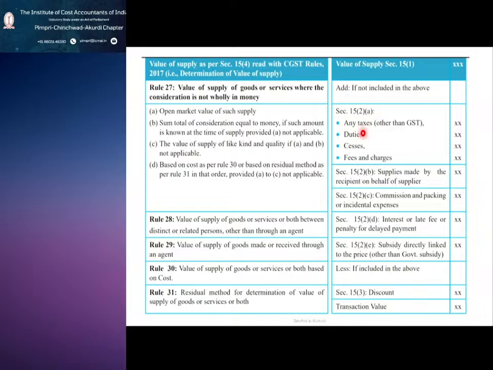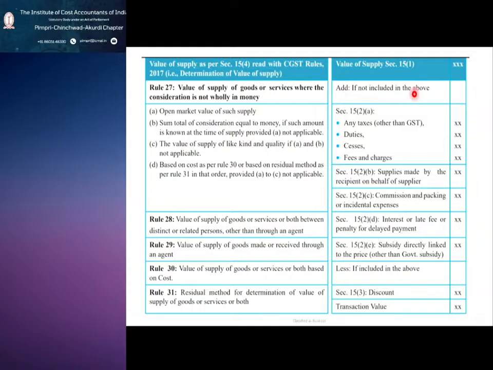So when you come across these other taxes and duties, generally on the transaction value, take that same example of 20 lakhs, and if any tax is there, say 20,000, you will be calculating GST.